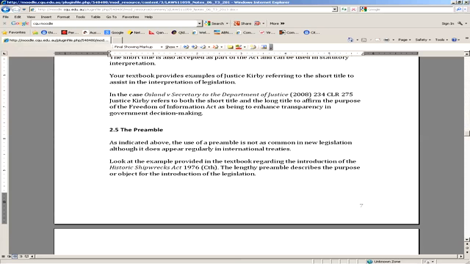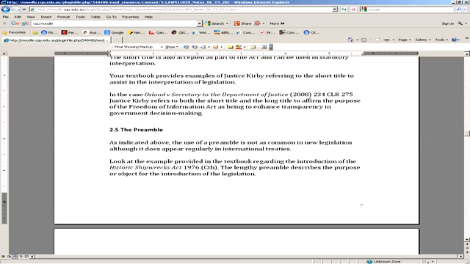And so they're quite reticent now to include preambles because they're worried that that might change the interpretation that is given to specific sections, even though that wasn't the intended consequence of the preamble.